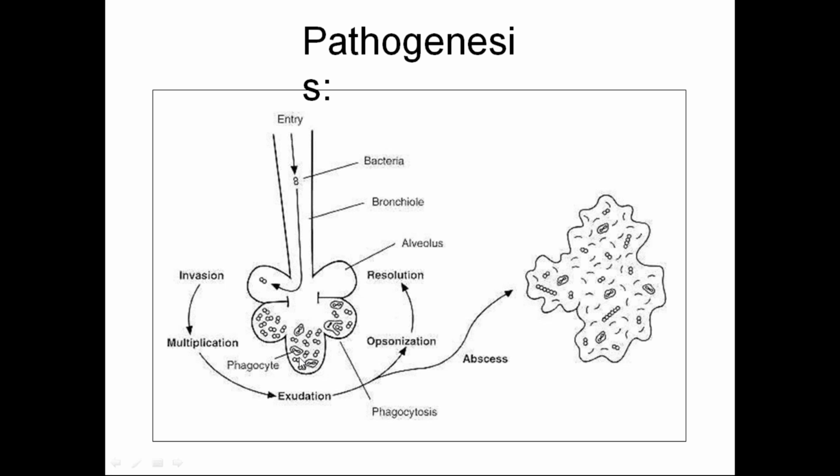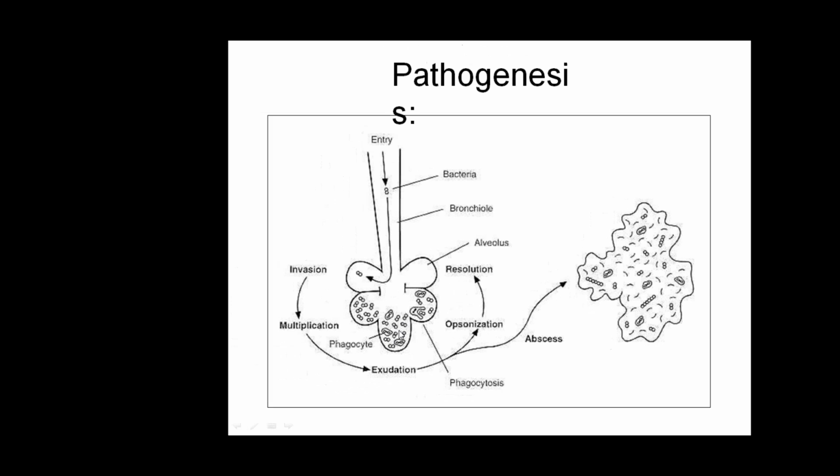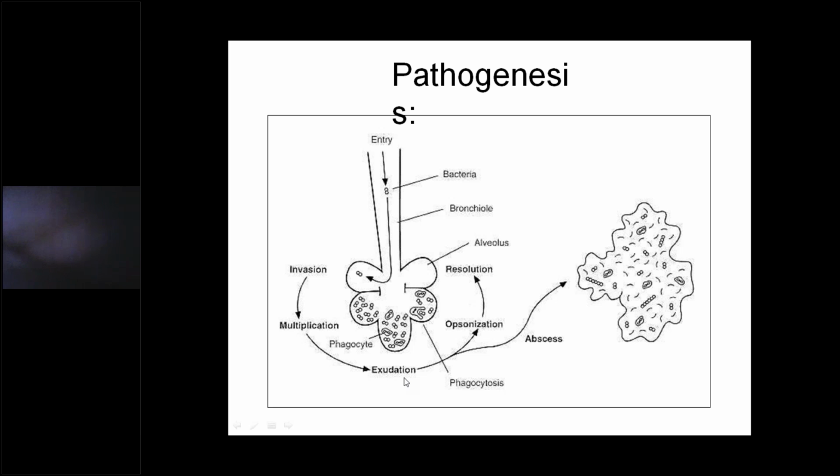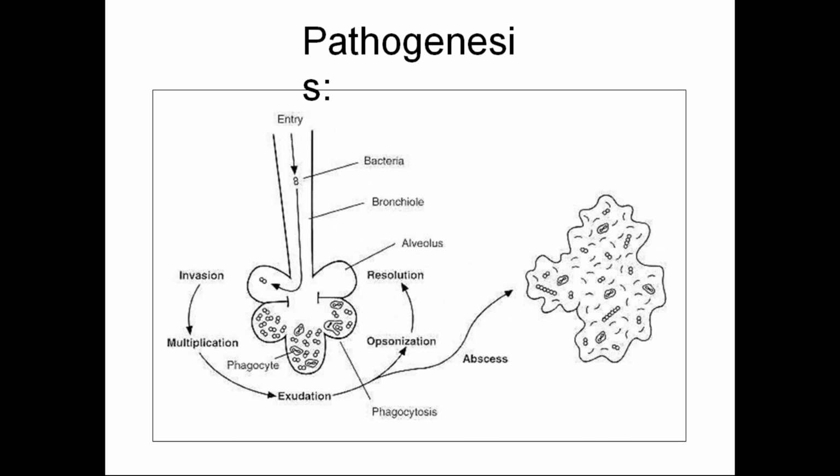Initially, the alveolar macrophages present within the alveolar space engulf these bacteria, and there is the process of exudation where neutrophils enter the alveolar space from the capillaries, fight against the bacteria and engulf them.